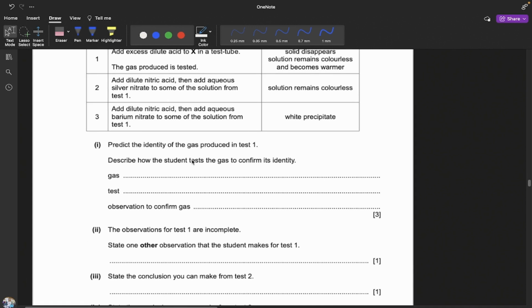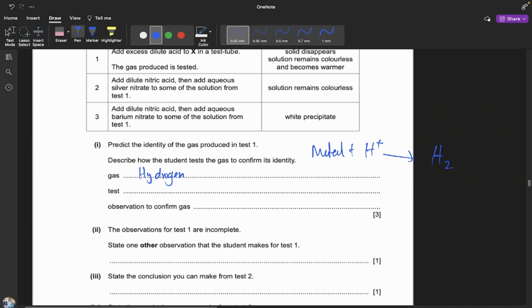Okay. Which gas forms in this experiment? Remember, when a metal reacts with an acid and liberates a gas, it's mostly H2. Sometimes CO2 and N2 are also possible, but we have no clue. So if they're asking like this, it's definitely hydrogen.